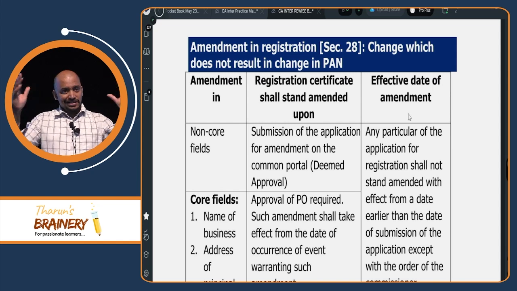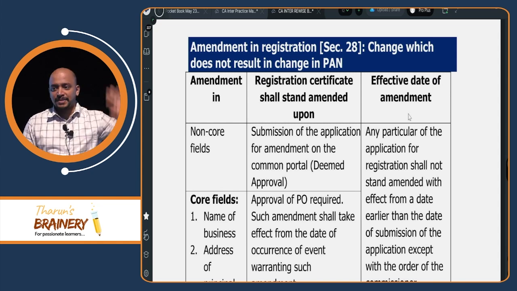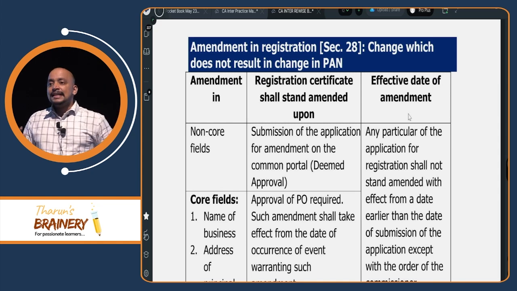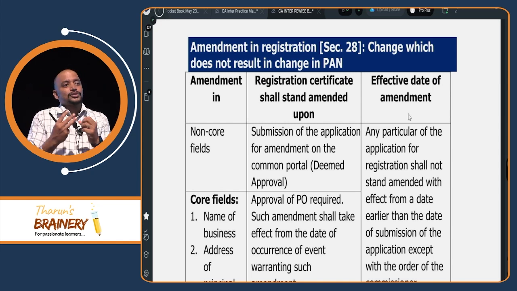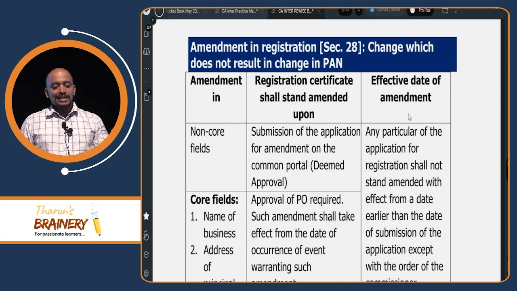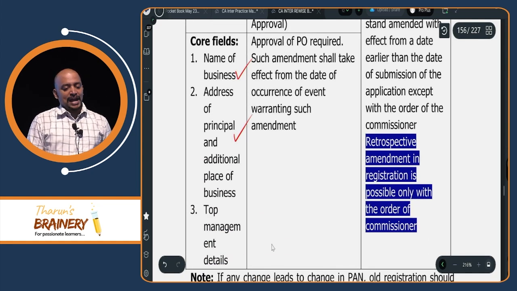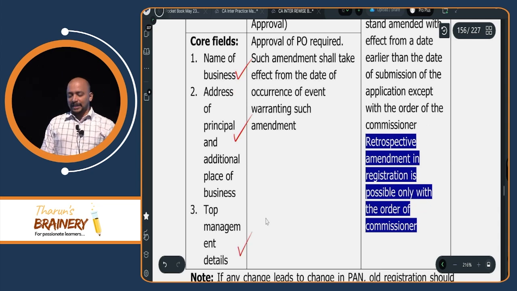There are many changes that could happen from the time we start the business. All these changes are divided into two, core field and non-core field. Three changes are considered core fields. What are they? Change in name, change in address, and change in top management. These three are core fields.